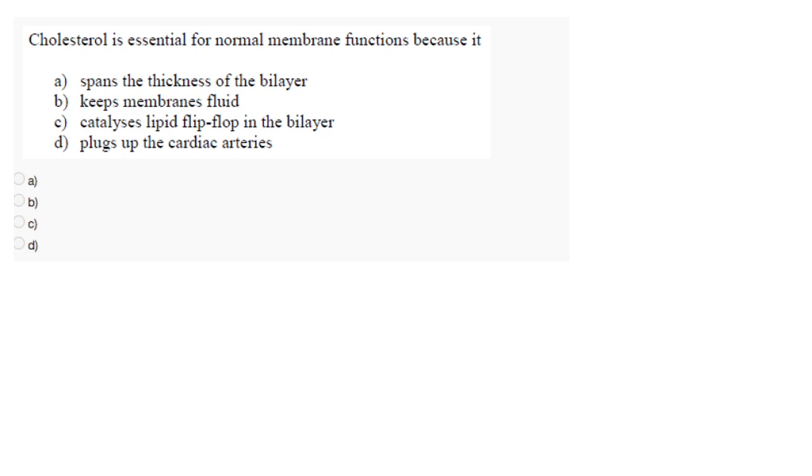Another: cholesterol is essential for normal membrane function because it expands the thickness of the bilayer, keeps the membrane fluid, catalyzes lipid flip-flop in the bilayer, or plugs up the cardiac arteries. So why is cholesterol important?